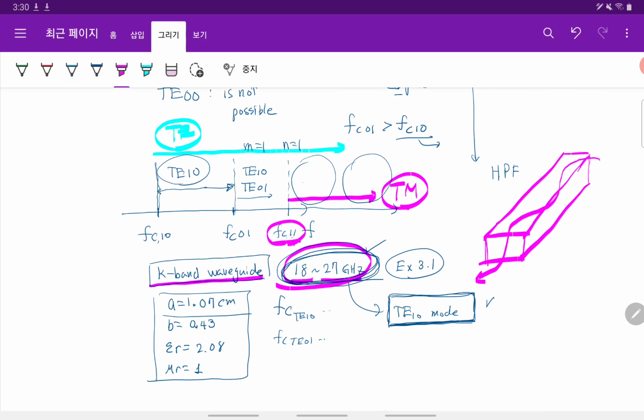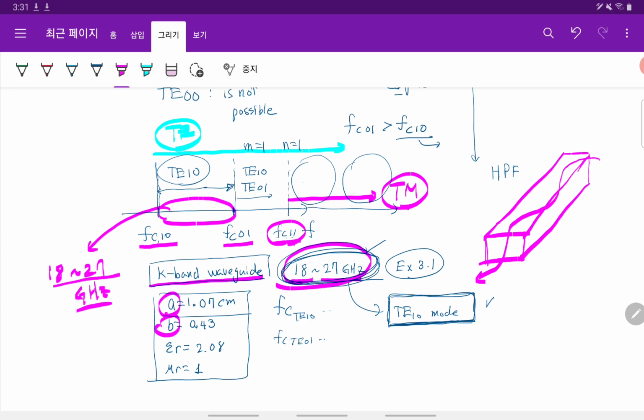Then what we design is we make A and B of this waveguide so that the frequency range runs from the TE10 mode and TE01 mode, so this is 18 and 27 gigahertz.